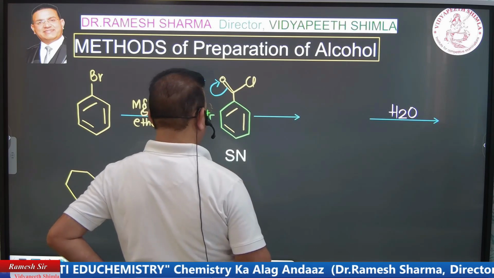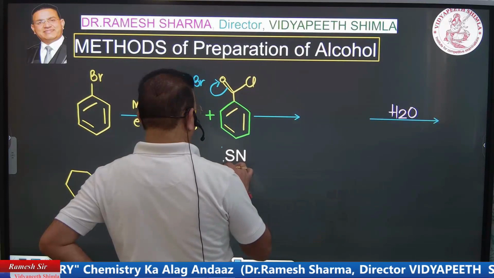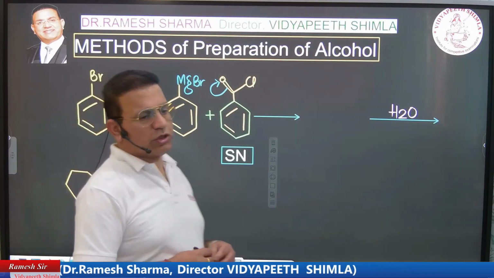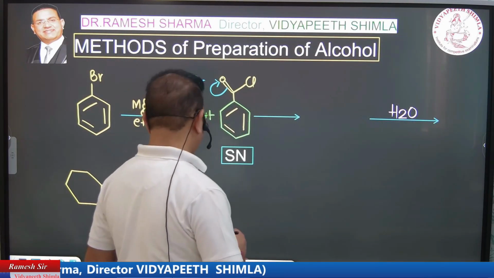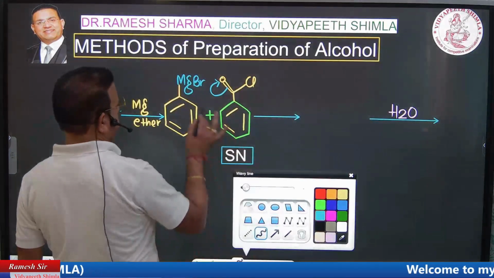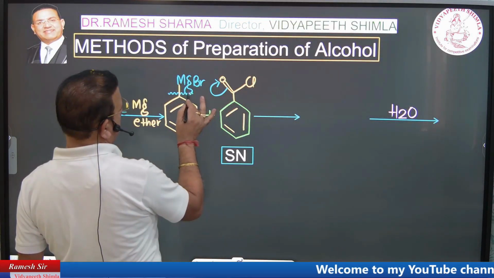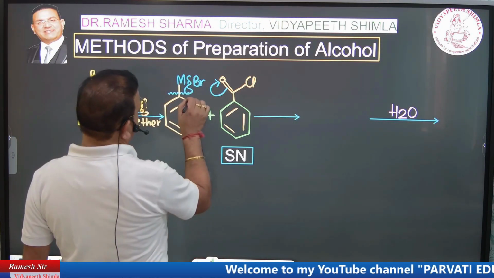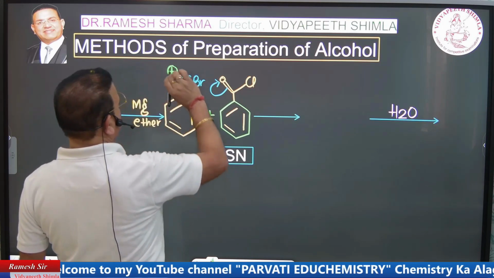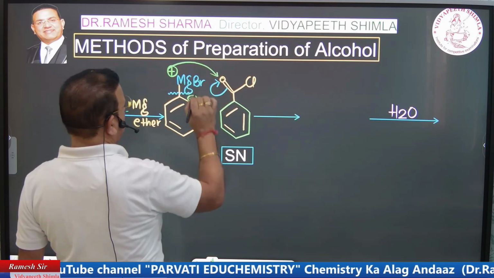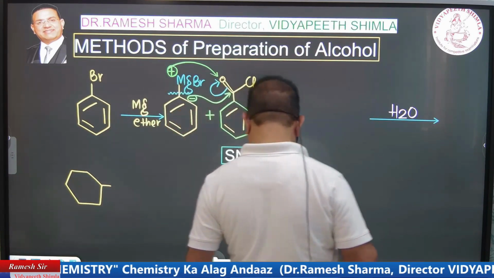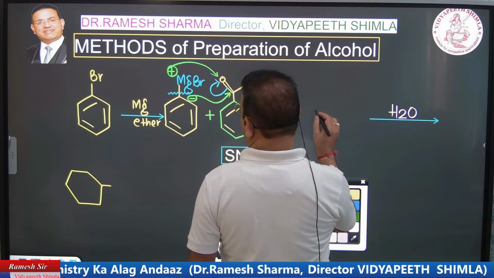The nature of reaction was nucleophilic substitution. So that when this bond will cleave, this will cleave from here, leaving negative charge here and positive charge here. This positive will attack here and this negative will attack here. So if we do it stepwise, we get it.